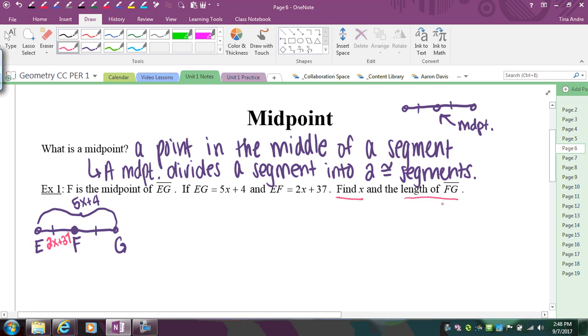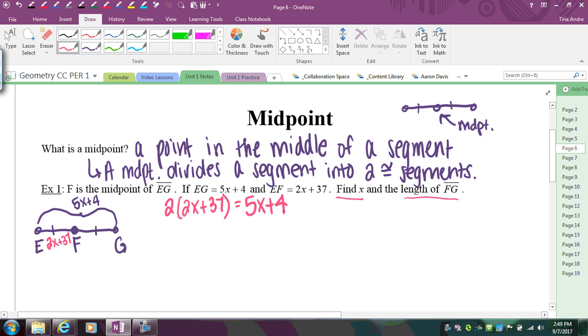Anytime we have to find x, the first thing you have to do is come up with an equation that relates these expressions so that you can solve for x. The relationship here is that this piece right here is half of the entire thing, or two of these will make up the whole thing. There are a couple different ways you can do it. One way is to say 2 times 2x plus 37 equals 5x plus 4, equals the whole thing.